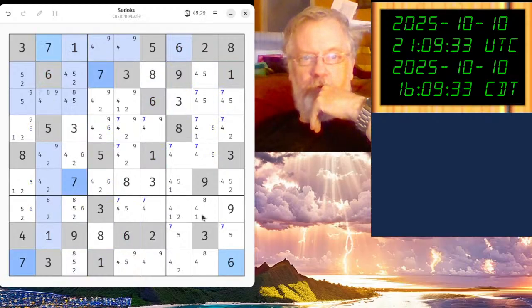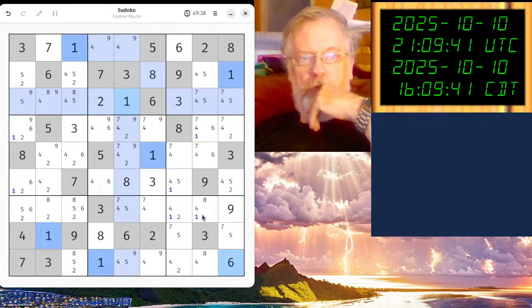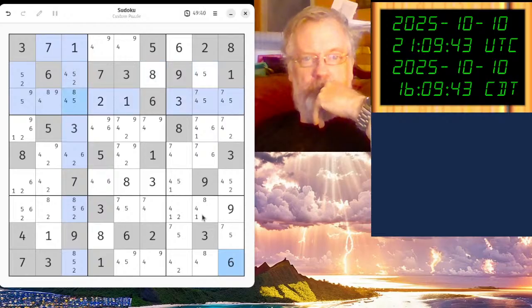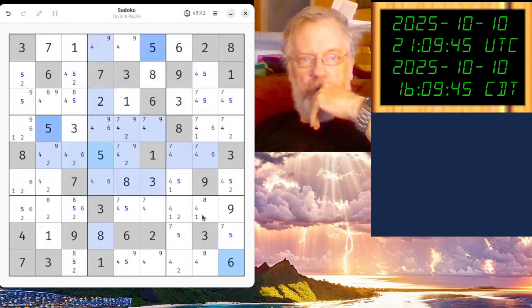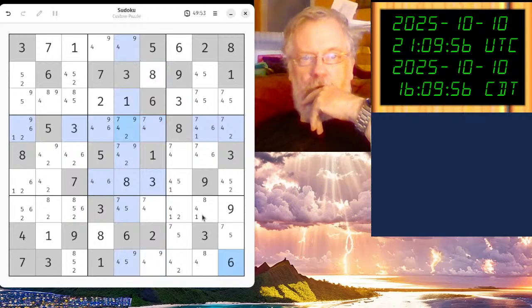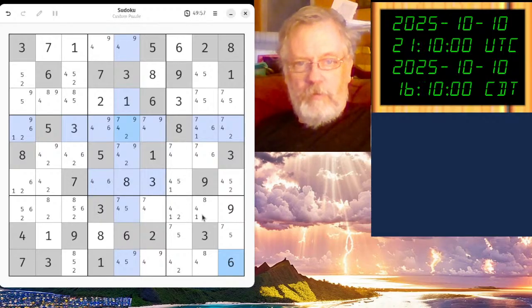That turns this into a 7. 4-9, 4-9 pair there, so now I got a 2 and a 1 here. That gets me 4-9-6, 4-9-4-6, 7-4-9, 7-4-4-9. Okay. Not as useful as I'd kind of hope.